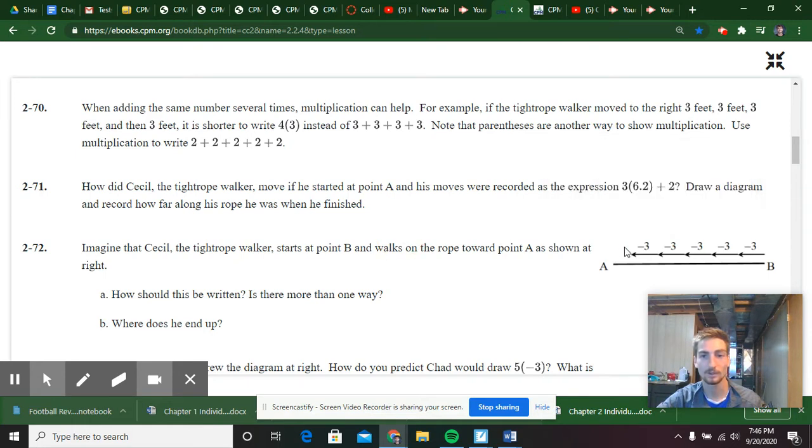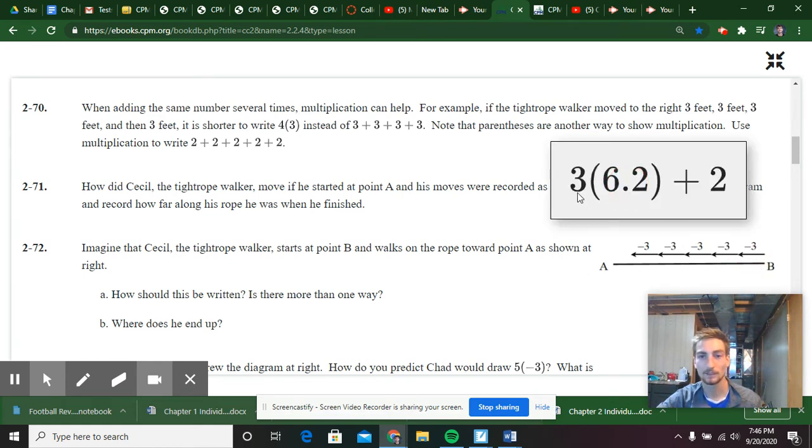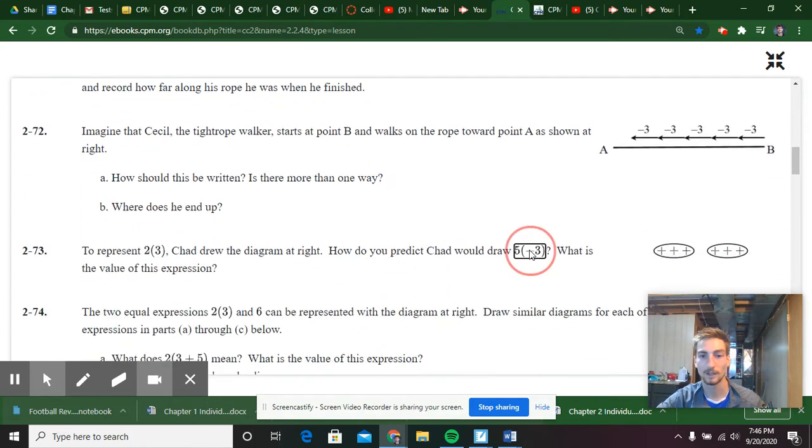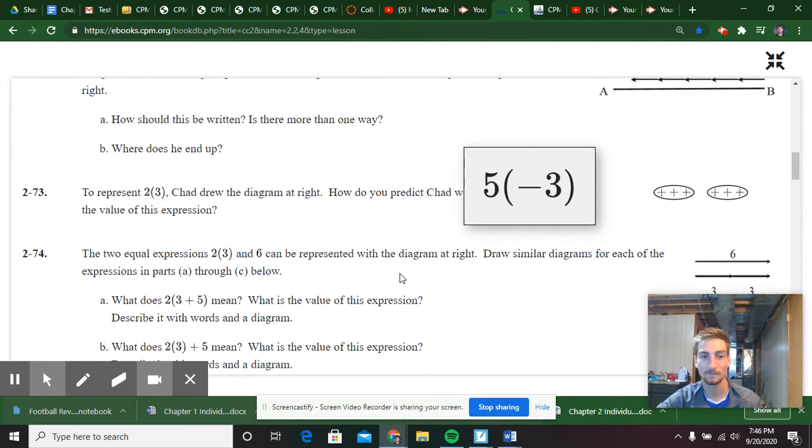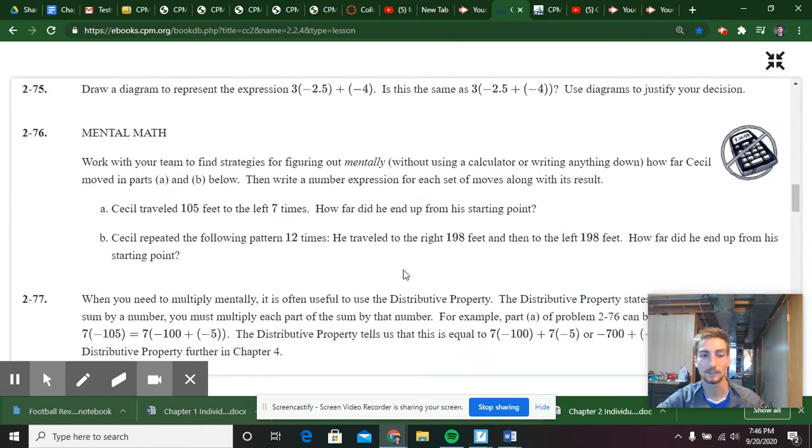Okay, so we're turning this repeated addition that is really long and complicated into something so simple, right? It's just a number on the outside and then the parentheses on the inside. That's how we write multiplication. Same with down here. This here would be 5 times negative 3. So it would be like writing negative 3 out 5 times. All right, so that's what we're looking at here.